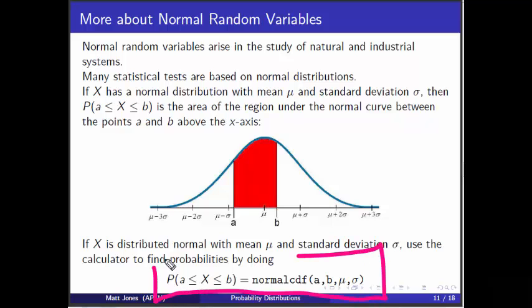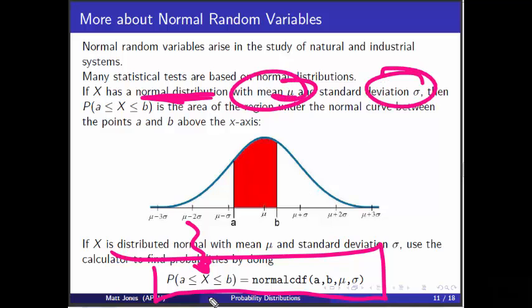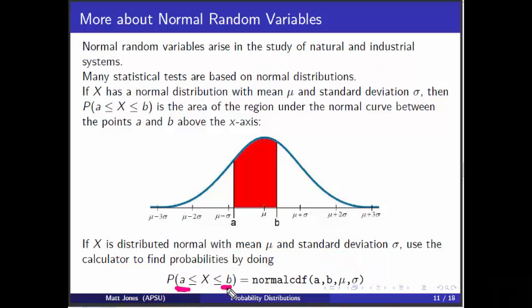If x is a normal random variable with mean mu and standard deviation sigma, then the probability that x takes on a value between A and B, you can find with your calculator using the normal CDF function. You put in A first, B second, that is the left endpoint and then the right endpoint, and then the mean, and then the standard deviation. Always in that order, or it'll be messed up.